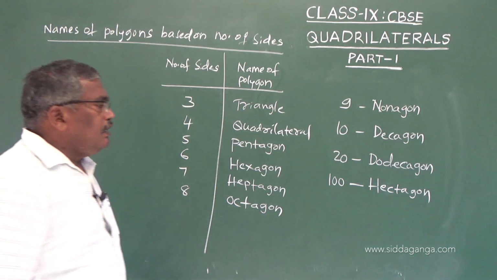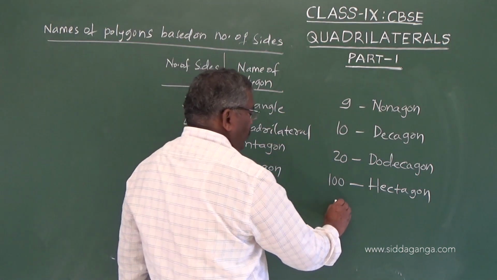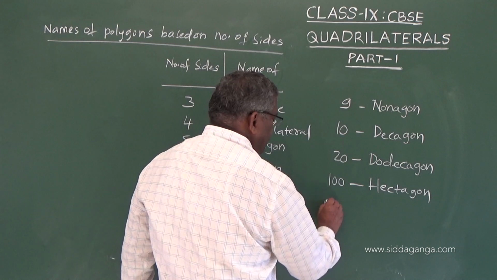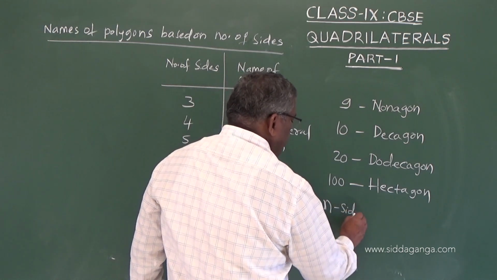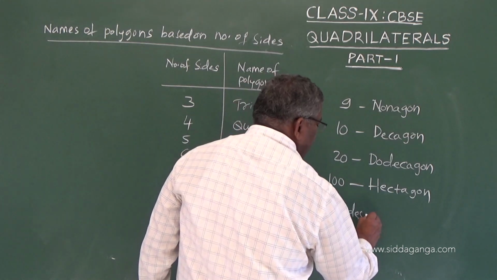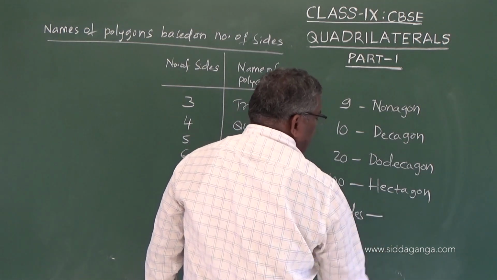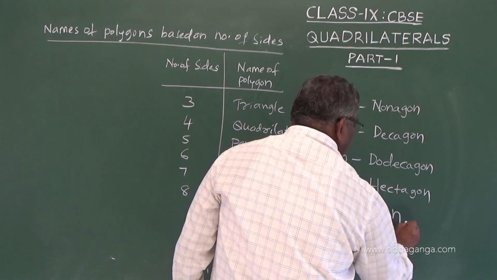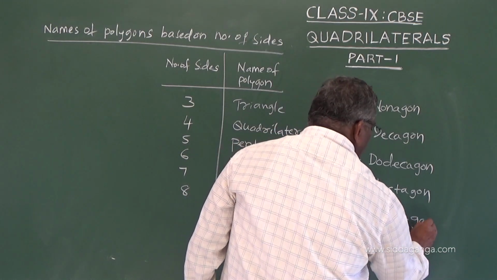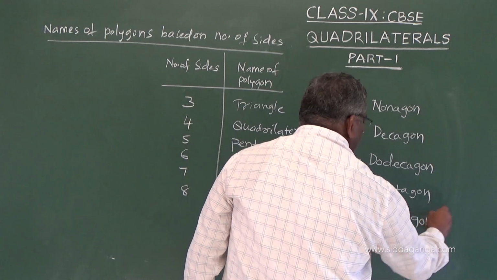Similarly, if you have a polygon with n sides, we call it an n-gon.